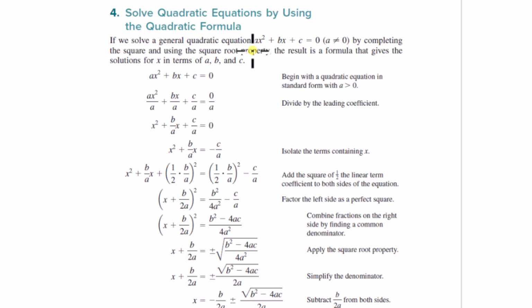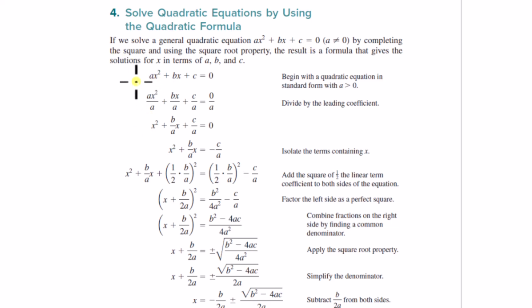They solve this with all of the variables, in complete generality, using the completing the square process, and get a formula so that for any ax squared plus bx plus c where a isn't 0, you can just plug into the quadratic formula to find the x values that satisfy the equation. That's the idea. So we can see how they did this.